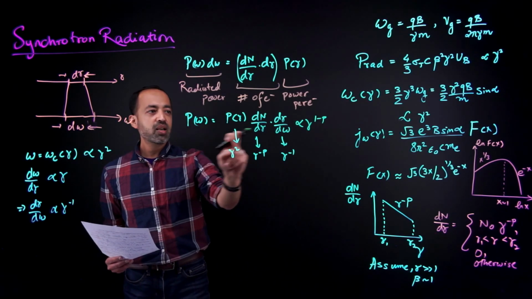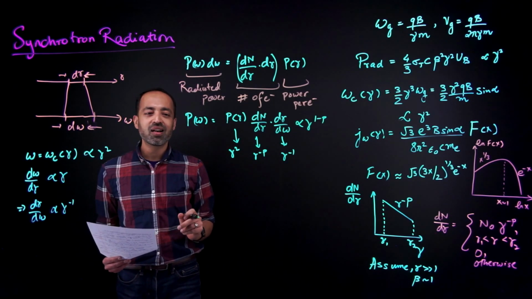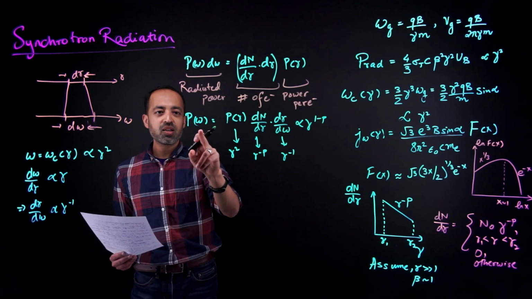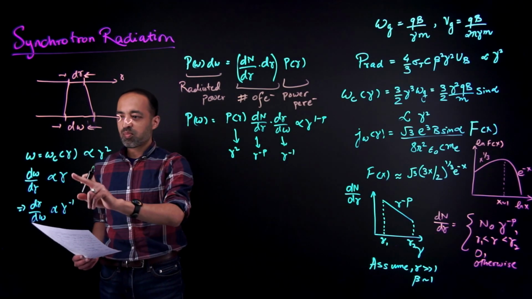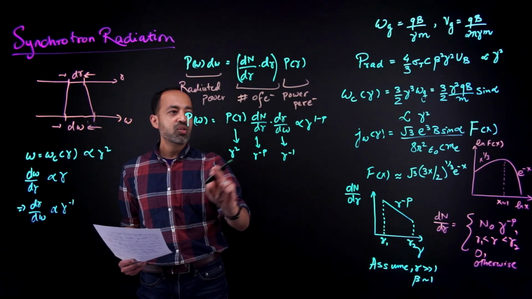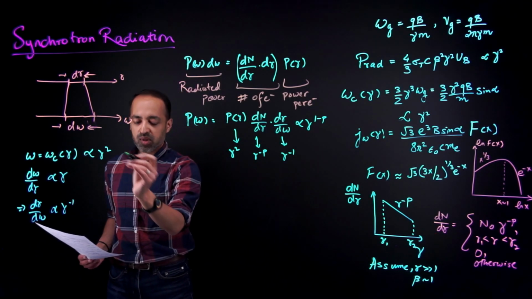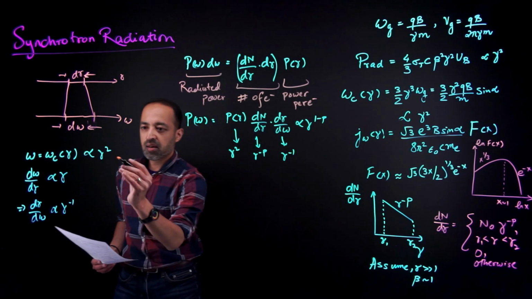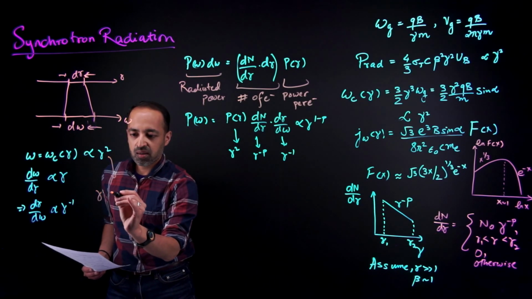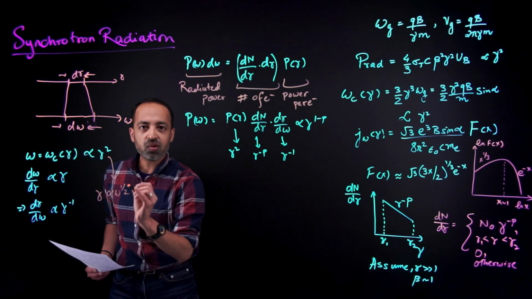Okay, so P omega is proportional to gamma to the 1 minus p. What does this mean for the spectrum of the radiation? Well, note this relationship between gamma and omega. Every electron of Lorentz factor gamma produces radiation at its corresponding omega, which means from here that gamma is proportional to omega to the 1/2 power.